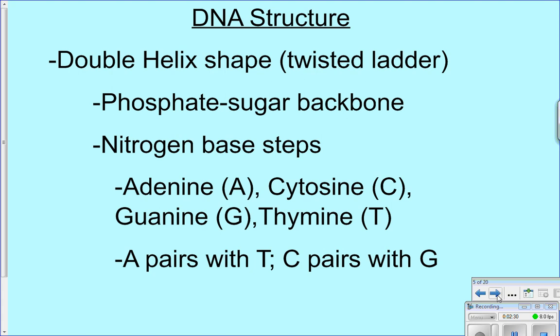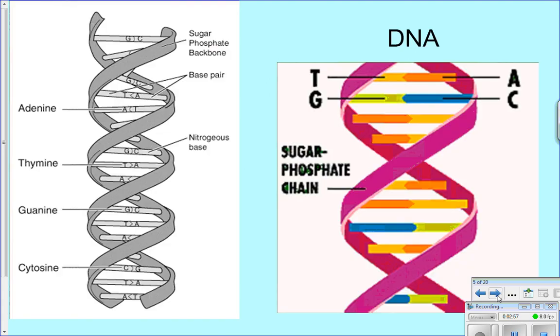There's 4 nitrogen bases that make up DNA: adenine or A, cytosine or C, guanine or G, thymine or T. So the 4 nitrogen bases are A, C, G, and T. The order of the bases determines what protein will be made. And when they pair up in the middle, A always pairs with T, C always pairs with G. That's going to be really important for you to remember throughout the unit.